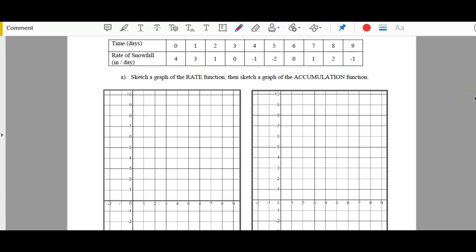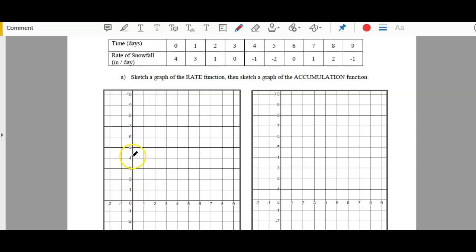There we go. So we're going to take this time 0 and this rate of snowfall, inches per day, so 4 inches per day, then 3, then 1, then 0, and just first off sketch the rate function. So this is going to be my rate function.